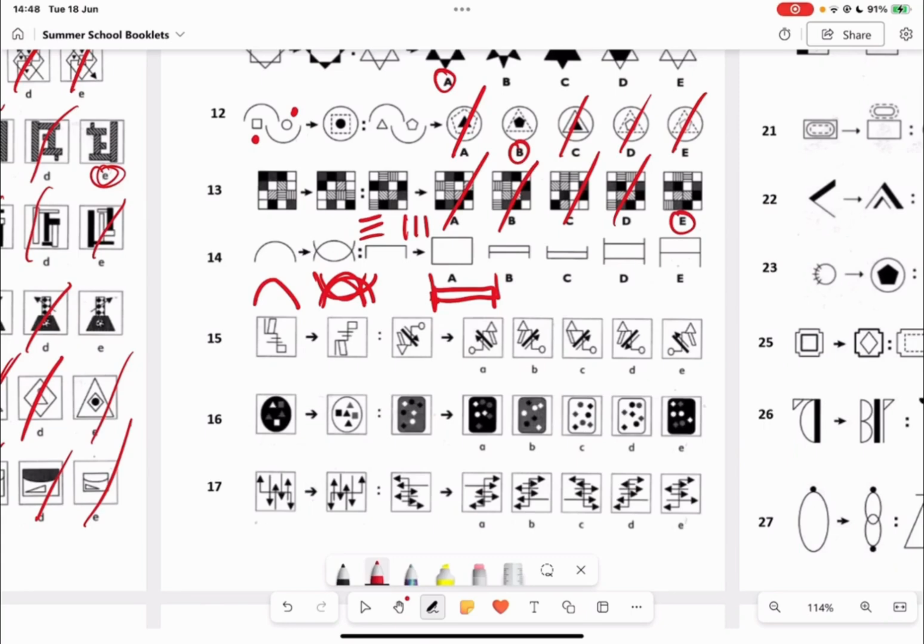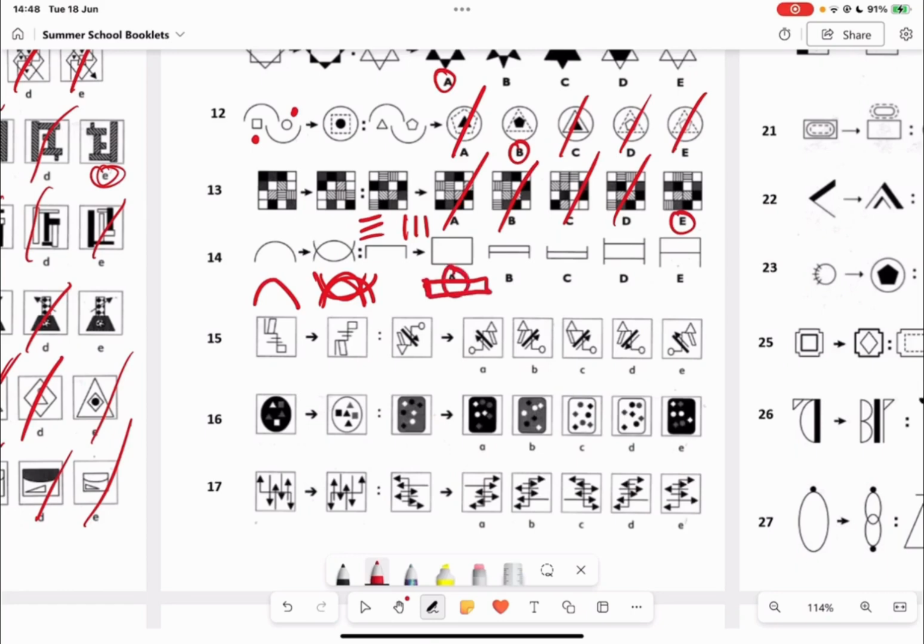In fact, I drew this incorrectly. Oh no, it will give the answer of A, because we have this, and then the lower shape will then join at the same height. So our answer will be A.